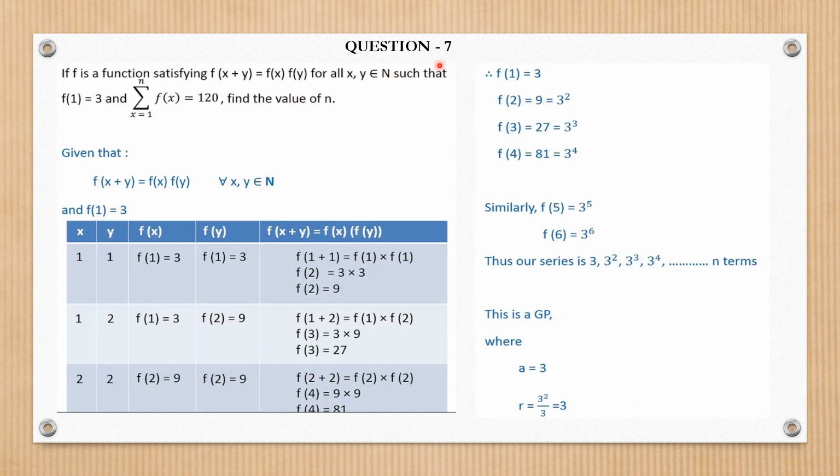Question number 7. If f is a function satisfying f(x + y) = f(x) f(y) for all x, y belonging to N, natural numbers, such that f(1) = 3 and the summation of f(x) for x from 1 to n is equal to 120, find the value of n. Firstly, I need to frame what kind of numbers there are. f(1) = 3.